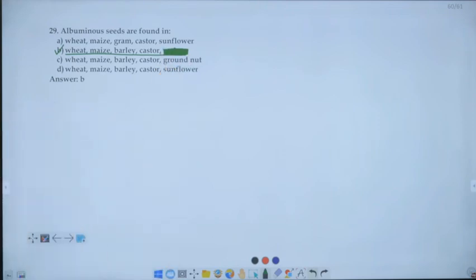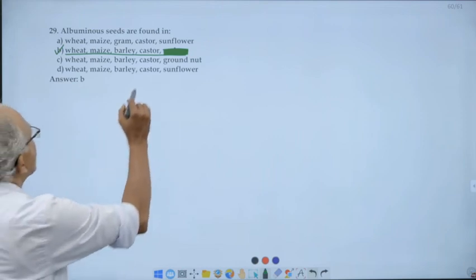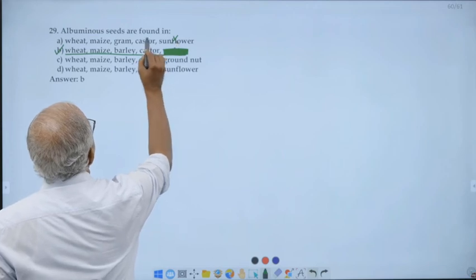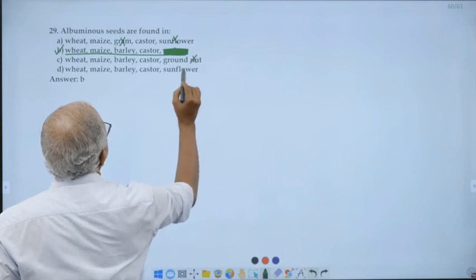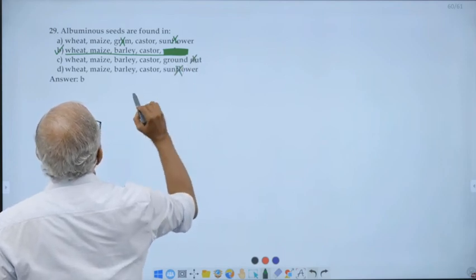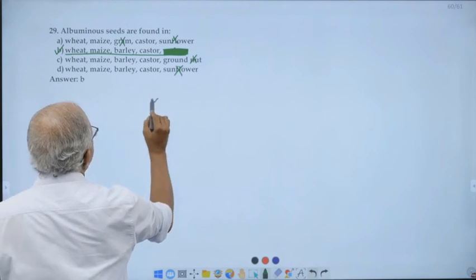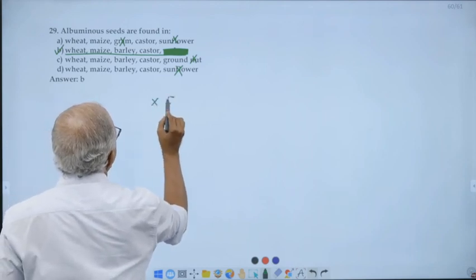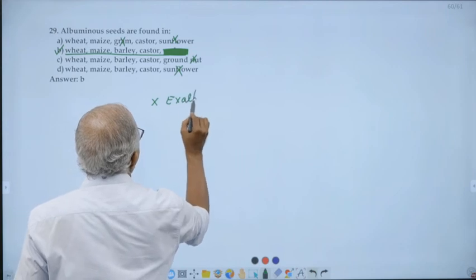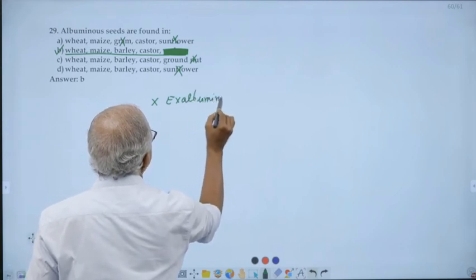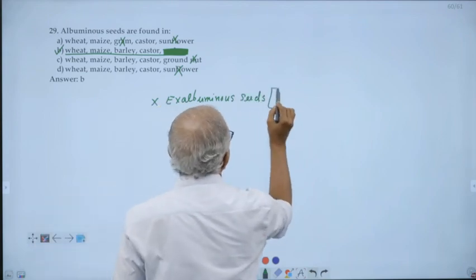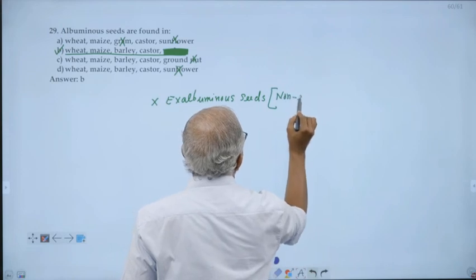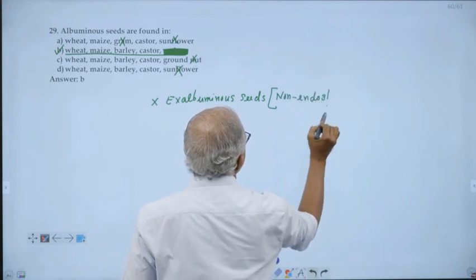Wheat, maize, barley, castor, they are endospermous. Sunflower is not endospermous. Gram is not endospermous. Groundnut is not endospermous. These are exalbuminous seeds. Exalbuminous means non-endospermous.